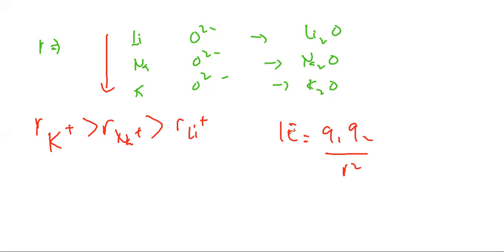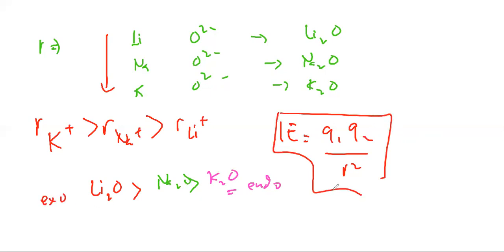Because R is inversely proportional to lattice energy, I may deduce that the lattice energy of Li2O is the most exothermic compared to Na2O and K2O. So K2O is the most endothermic, while Li2O is the most exothermic. You can also check this.